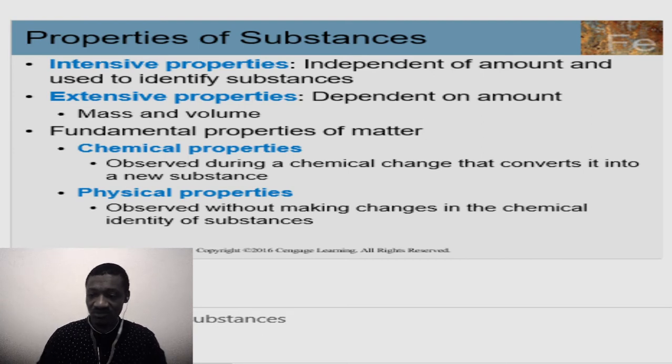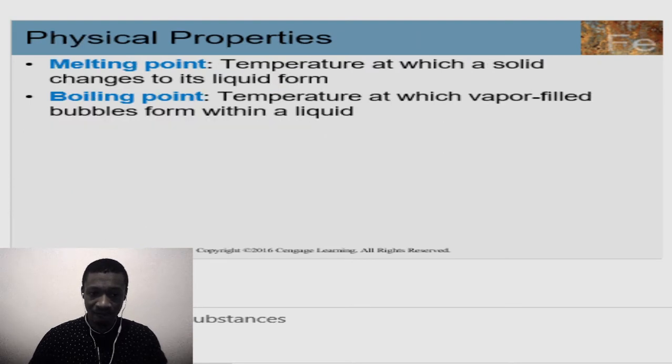The word chemical means a reaction took place. The word physical means there's an activity going on, but it's not necessarily resulting in a chemical change. Those are the fundamental properties of matter.